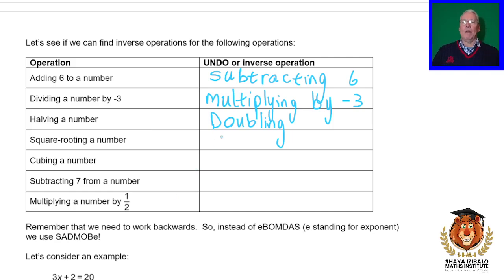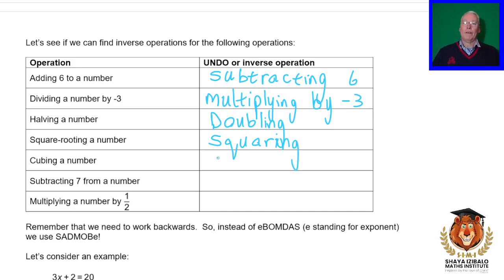Square rooting a number. How do we undo square rooting a number? If we've got a number like 25 and we square root it, we get 5. What mathematically must we do to get back from 5 to 25? That's right, we must square. Squaring and square rooting are undo operations.